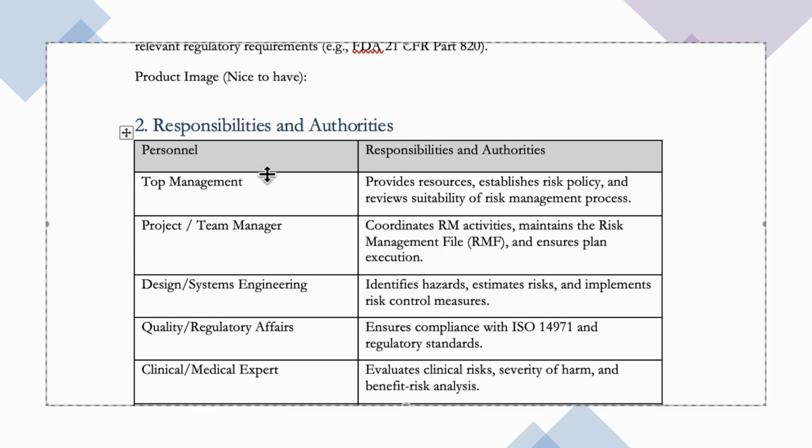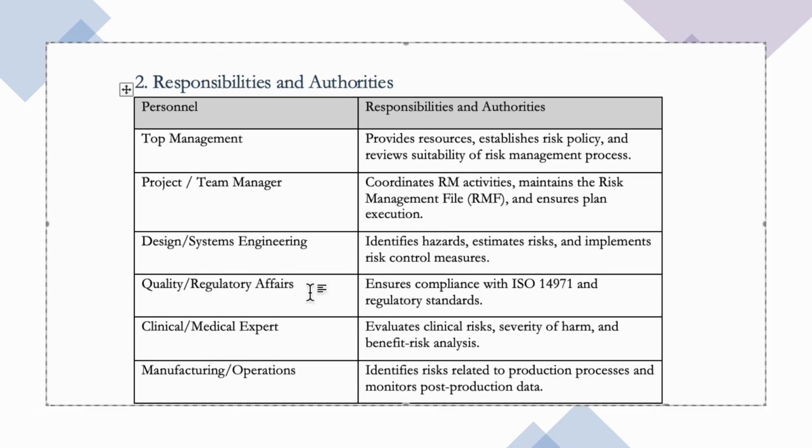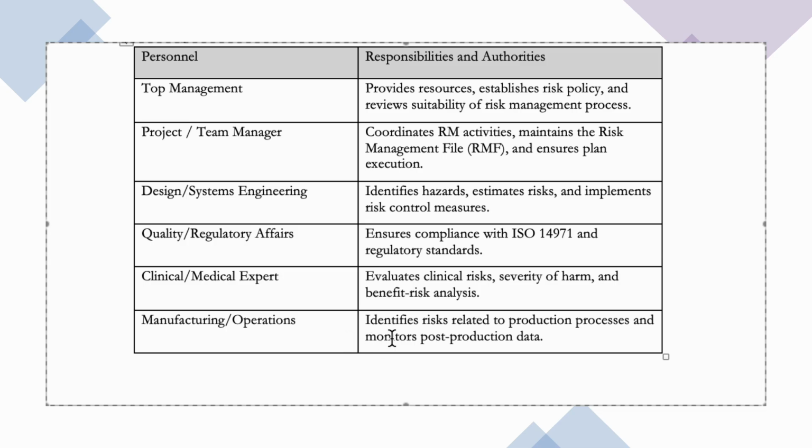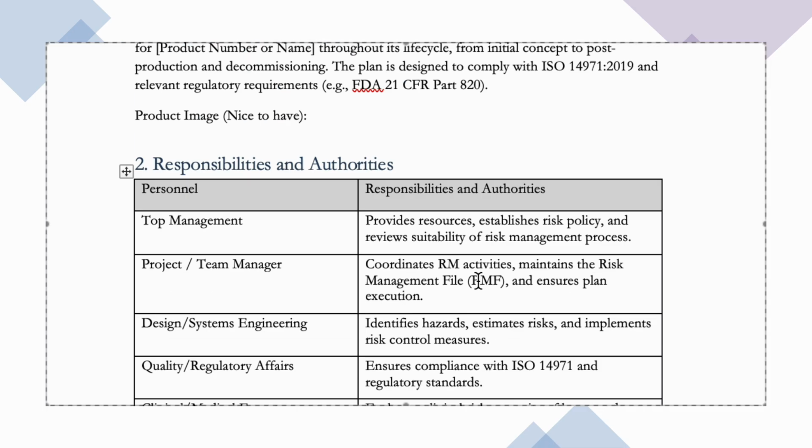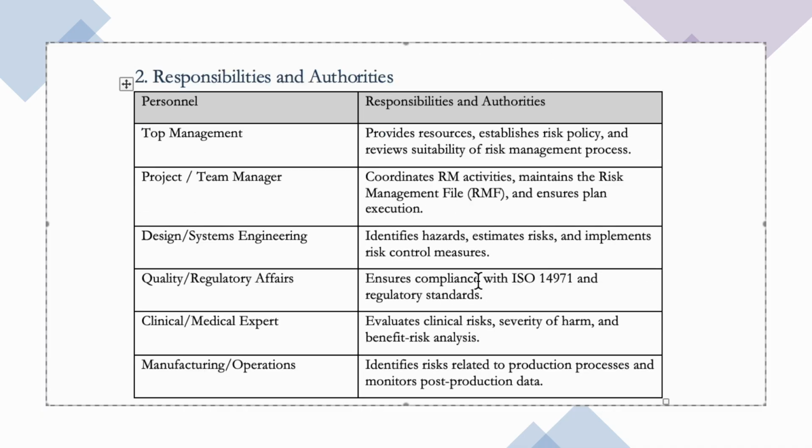Responsibilities is another section where you define the personnel responsible for managing the project, including top management, because they're responsible for providing the training, the resources, and the rest of the risk management team, including the production team that identifies risks related to production processes and monitors post-production data. You define how your organization will be managing those within this section.